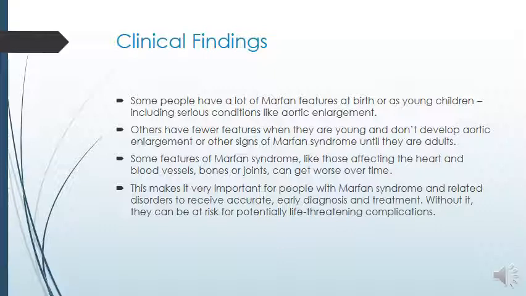Some features of Marfan syndrome, like those affecting the heart and blood vessels, bones, or joints, can get worse over time. This makes it very important for people with the disease and related disorders to receive accurate early diagnosis and treatment. Without it, they can be at risk for potentially life-threatening complications. The earlier some treatments are started, the better the outcomes are likely to be.